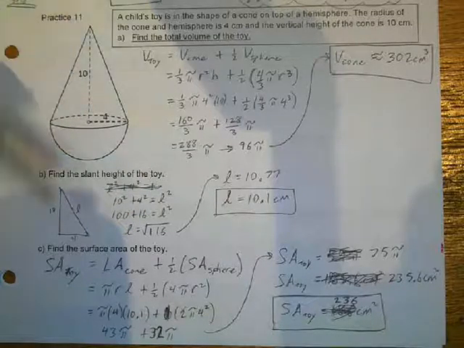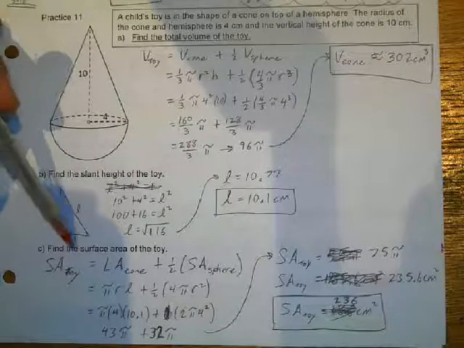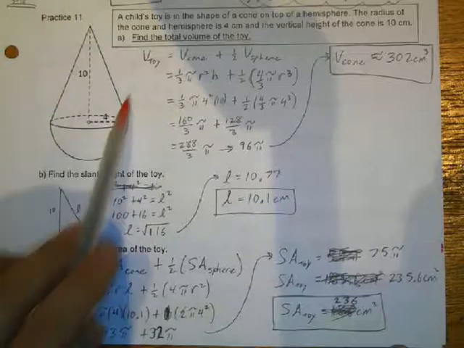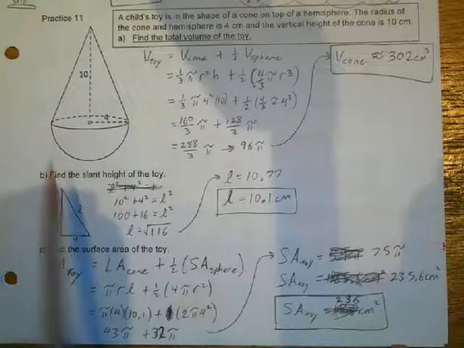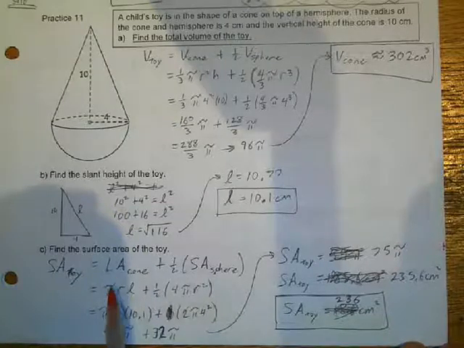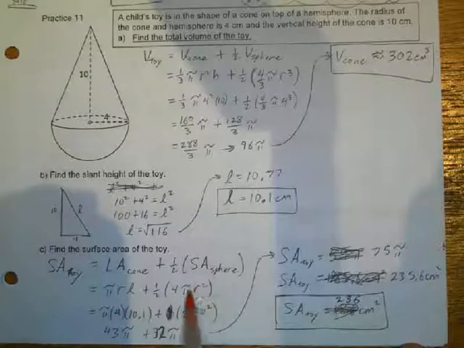Okay, final question. Find the surface area of the toy. So we've got the side of the cone plus 1/2 of the sphere. The side of the cone is pi r l, and the formula for the surface area of a sphere is 4 pi r squared.